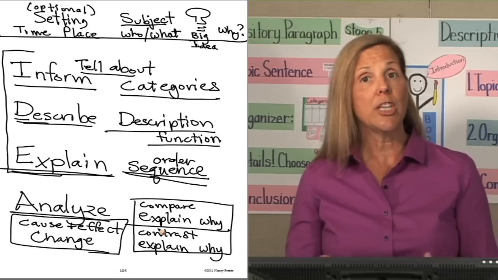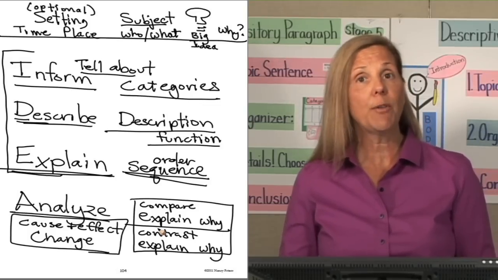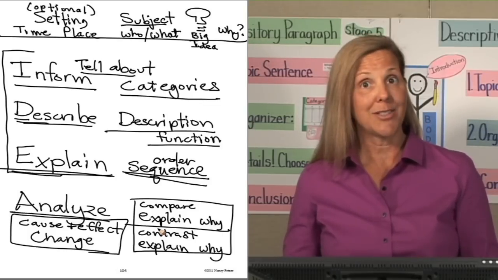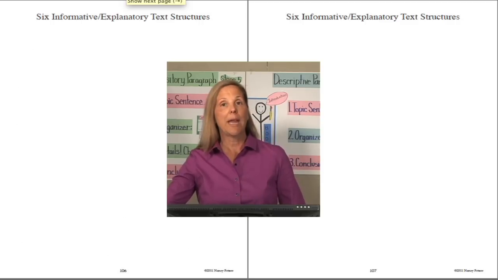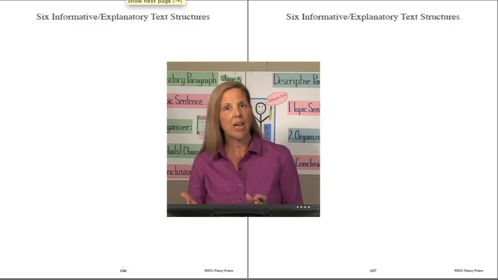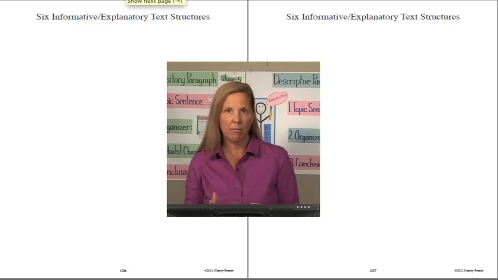Now let's go through this chapter so I can show you all the different pages and the organizers. We will come back to page 106, 107, where we will actually draw out the 6 text structures. But before we go there, I want to walk you through this chapter so that you can see how all the information has been put together so you can use it as a reference.